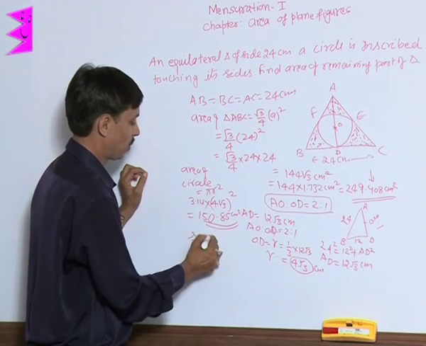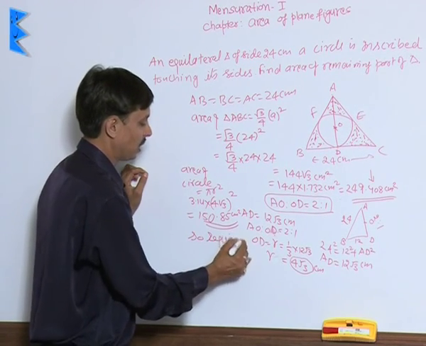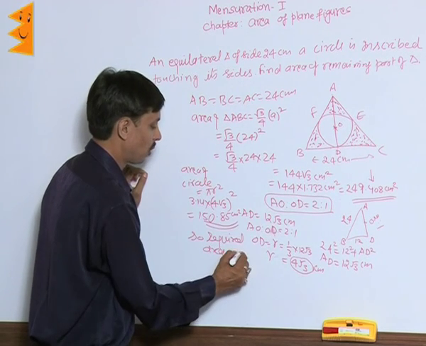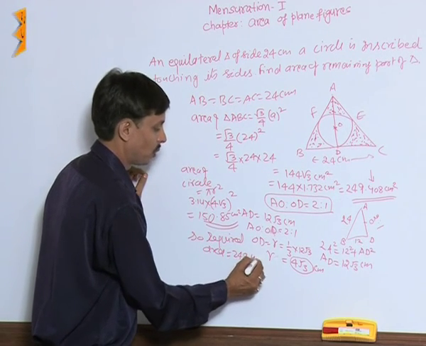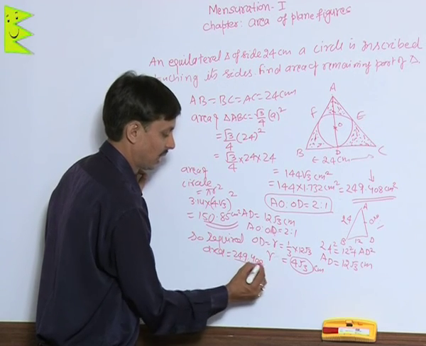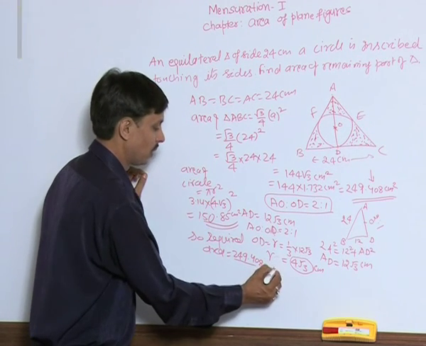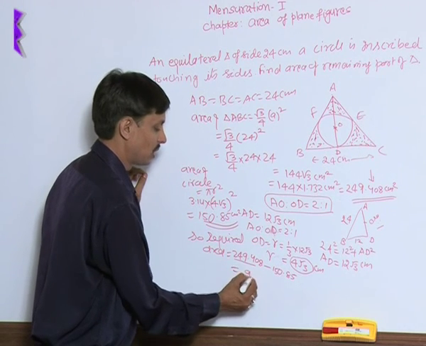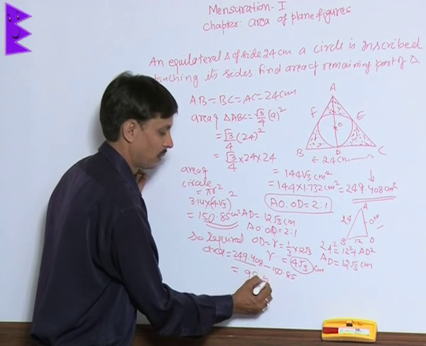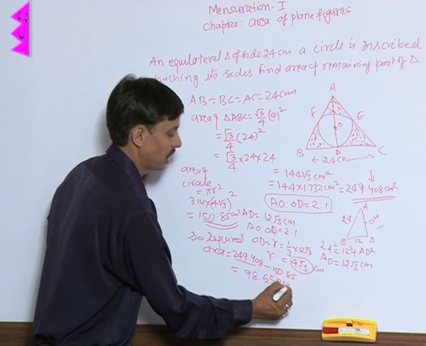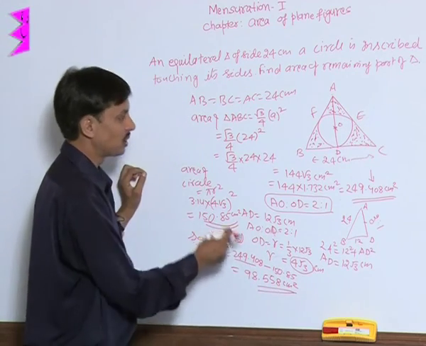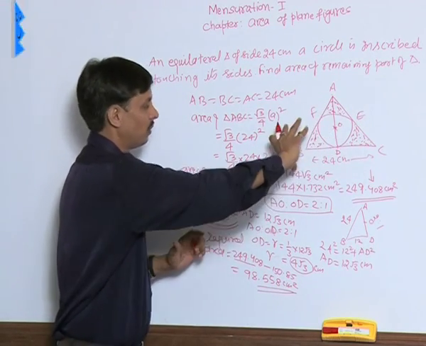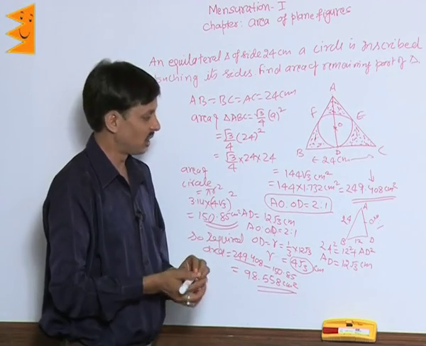So the required area equals 249.408, this is the area of the triangle, minus 150.85. The difference is 98.558 centimeter square, which is the area of the part of the triangle not enclosed in the circle.